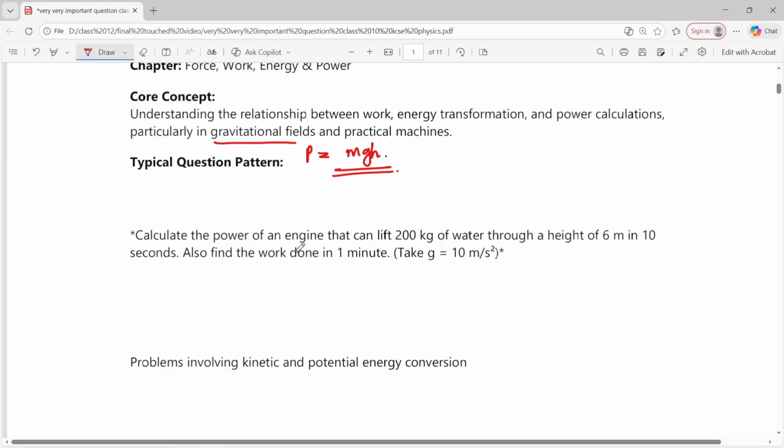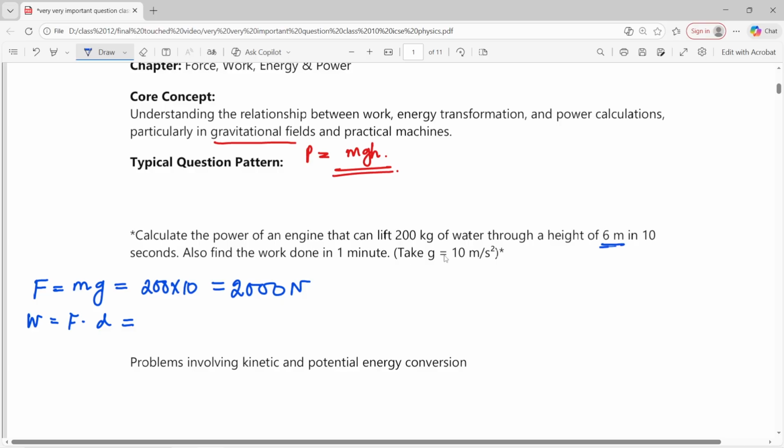First calculate force. If lifted upward, force is mg, so mass is 200 kg and g is given as 10, so that is 2000 newton. That's the force. Work done is force into displacement, and the displacement is given as 6 meter.